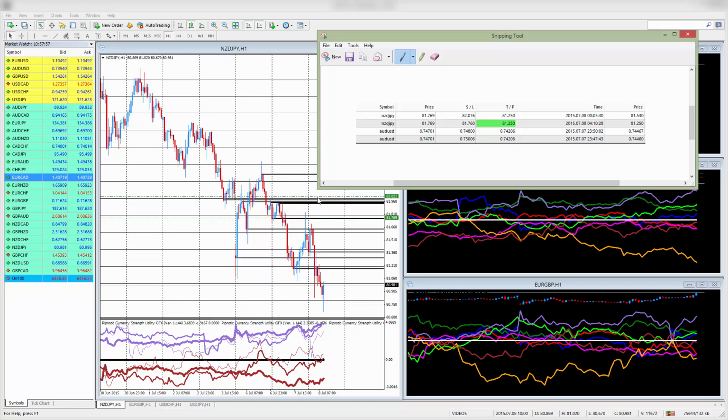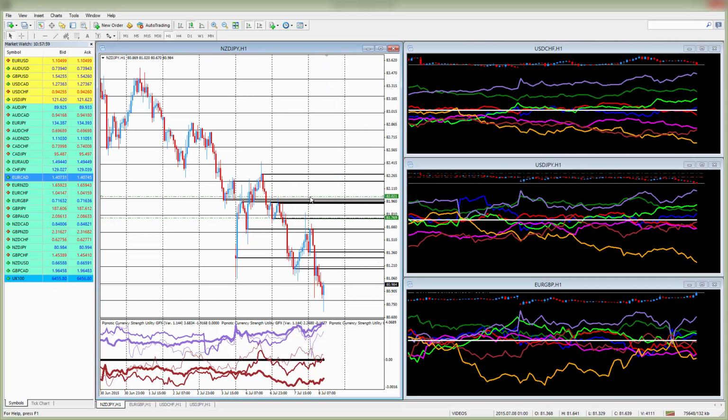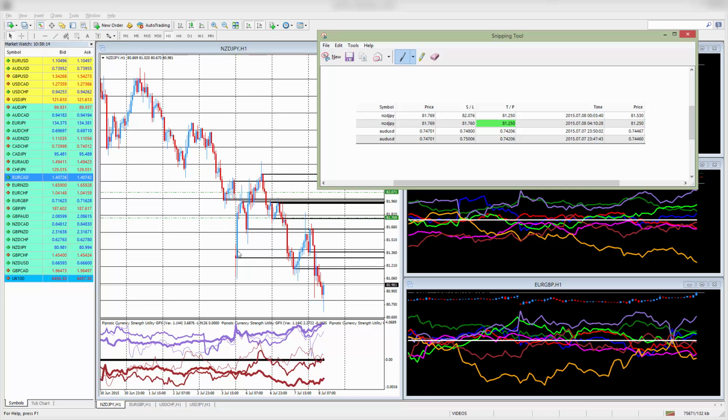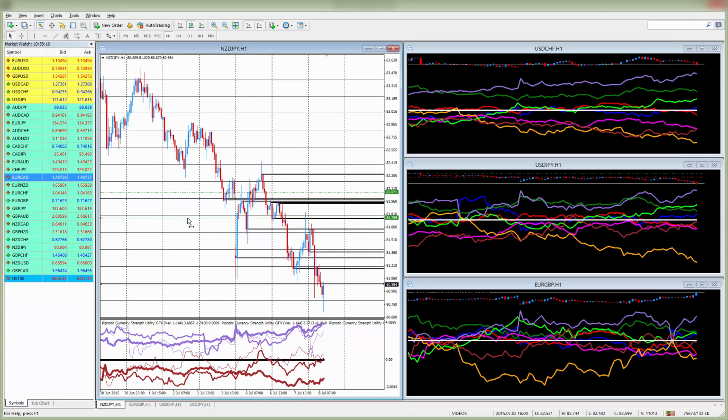The stop was about there, which gives us a pip risk of about 30 or so pips. That's not so bad. The profit was 81.25. Let's mark that off as well, 81.25, about there.